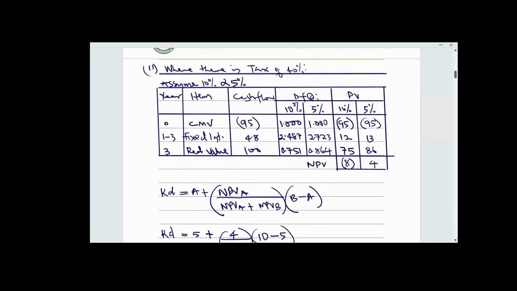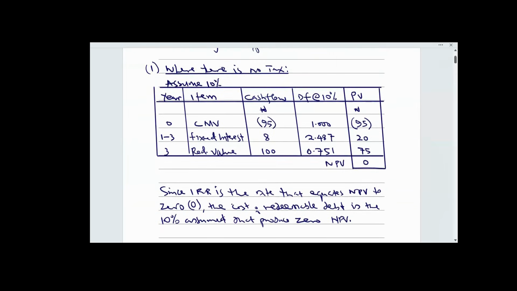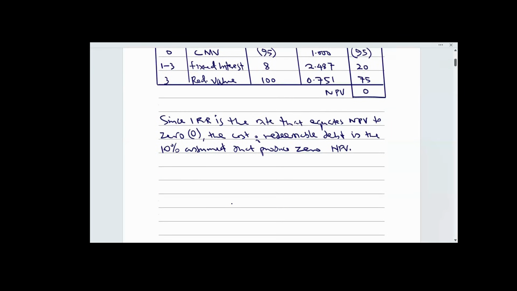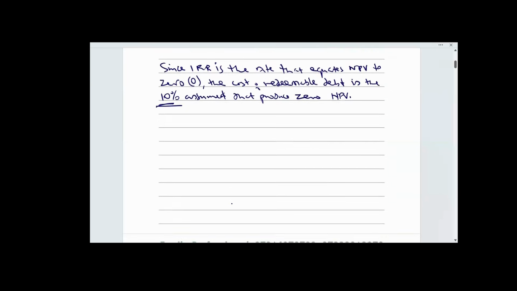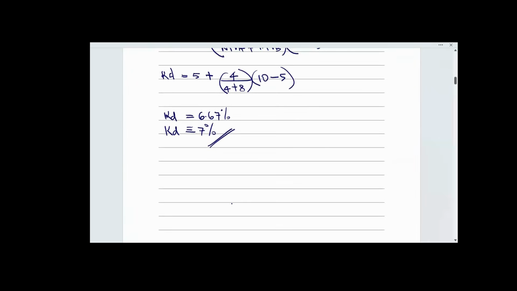When you look at our first calculation, the number 1 requirement, the examiner told us there is no tax. Because there is no tax, the company will pay 10%. But now that we have incorporated tax, the company will only pay 7%. So as a result of tax, the company will save 3% on the cost.